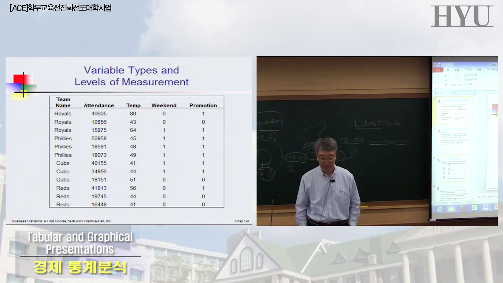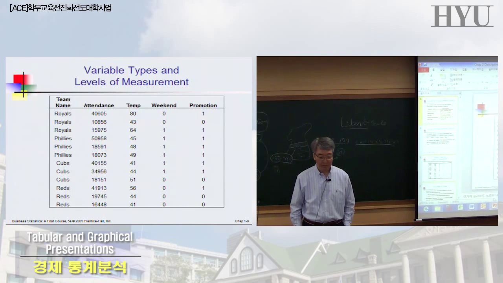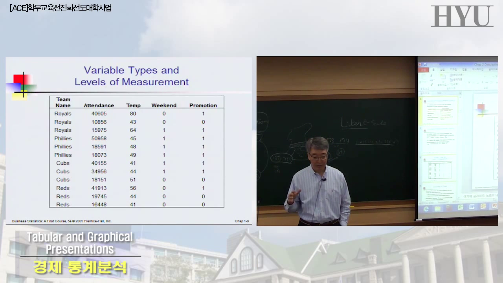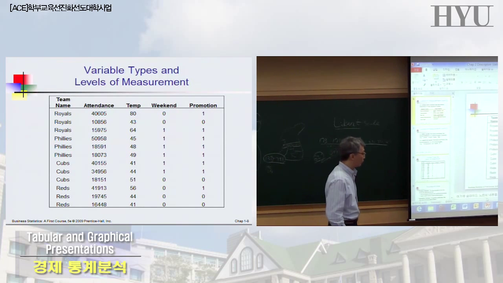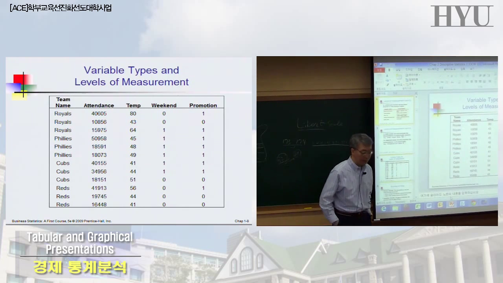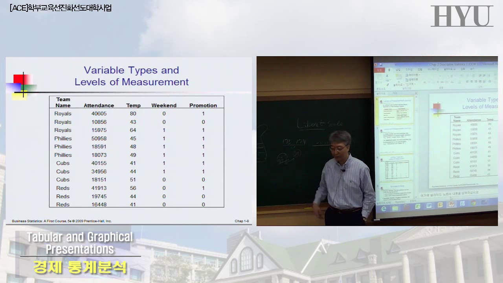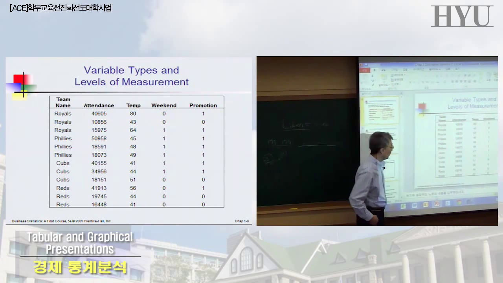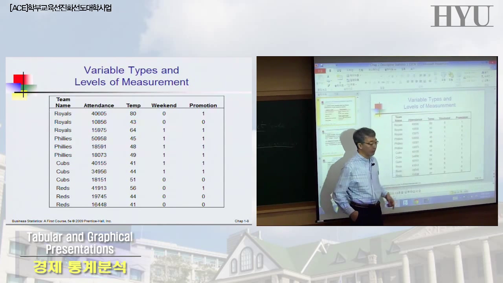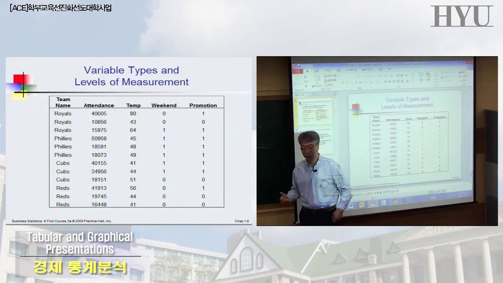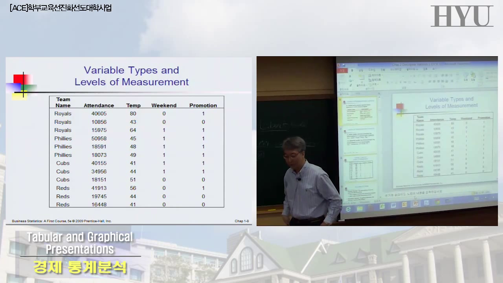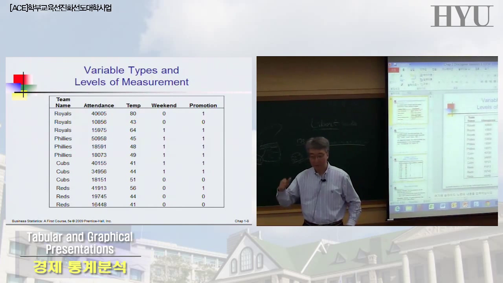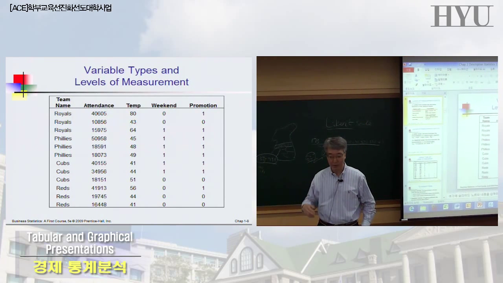And then what about the scale, the types of measurement? Interval scale, not ratio scale. We talked about the temperature here as an example. If you have 80-degree temperature, that doesn't mean it is twice as hot or twice as warm as 40-degree temperature. It's just the measurement scale of temperature.